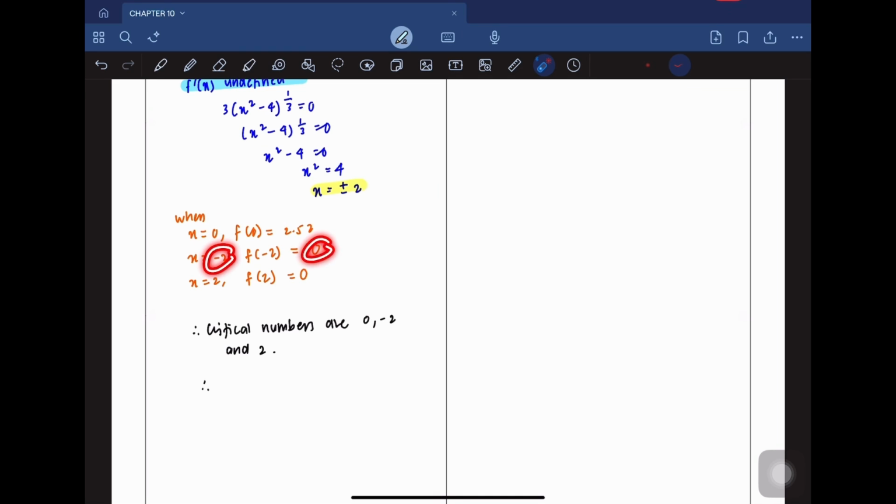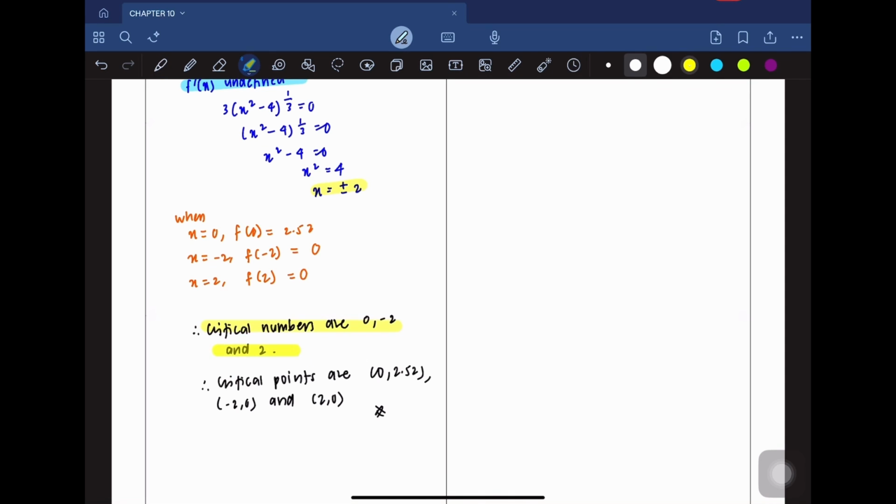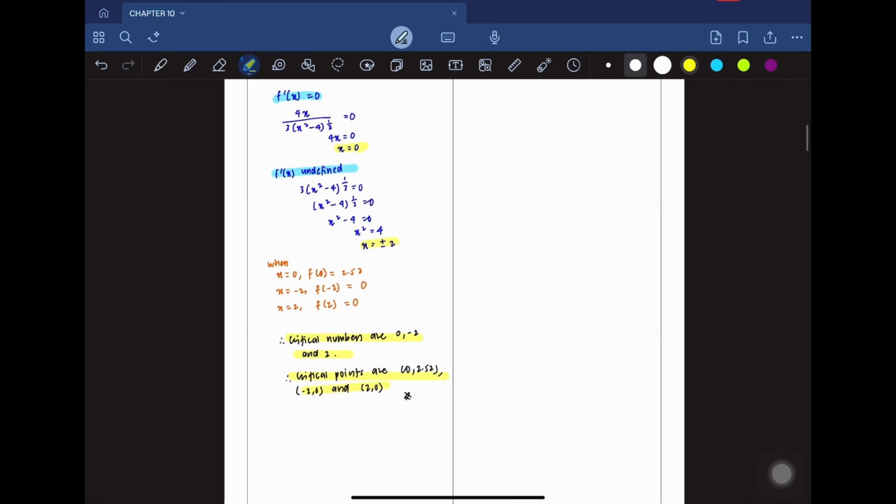Second one, -2, 0. And the last one, 2, 0. So critical points are 0, 2.52, -2, 0, and 2, 0. Okay, done.